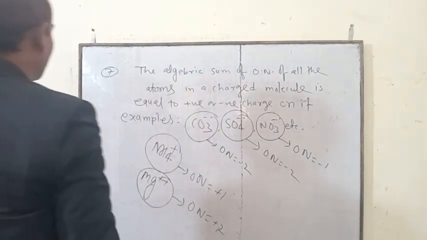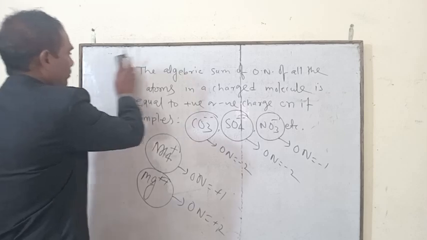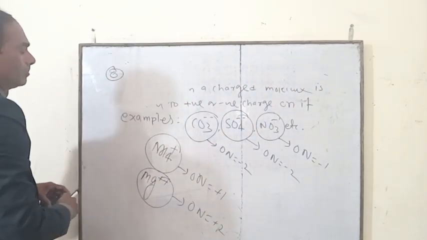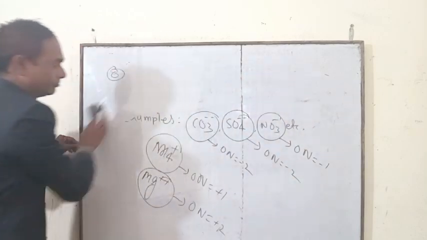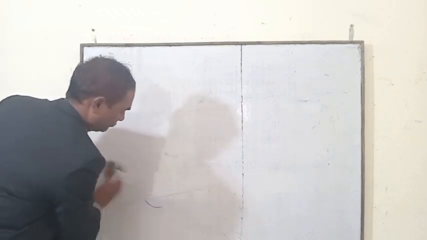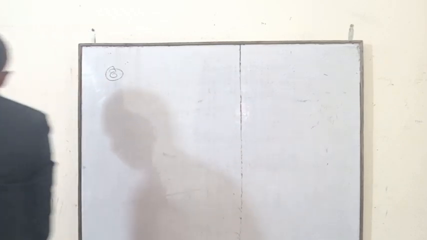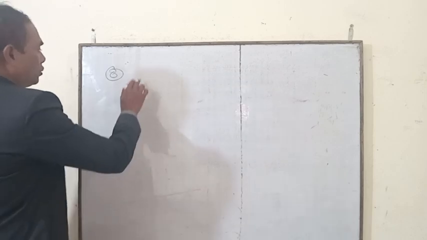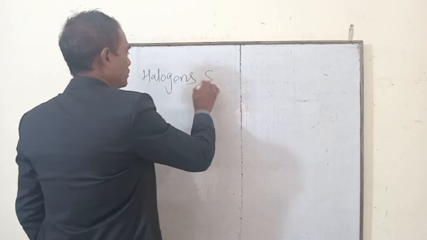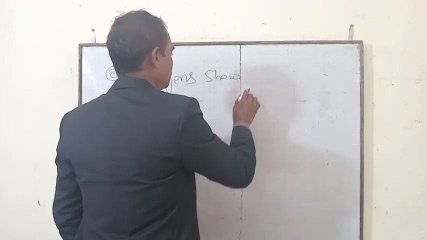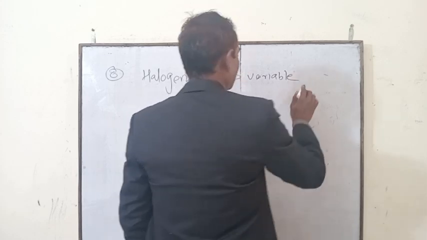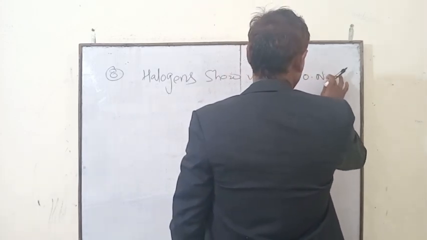Now next, rule 8. Halogens show variable oxidation number.